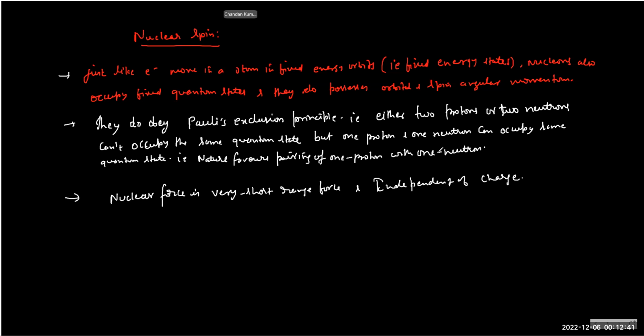But the problem is it is short range. So what is the drawback of this short range? Being a short range, what happens? It falls off very quickly. Yeah, so it means as the size of the nucleus will grow, the peripheral nucleons will follow the Coulombic repulsion because they are beyond the range of nuclear attraction.